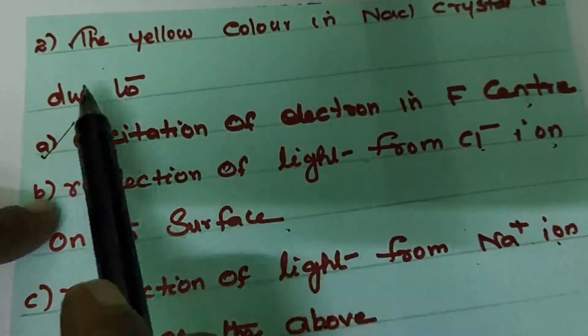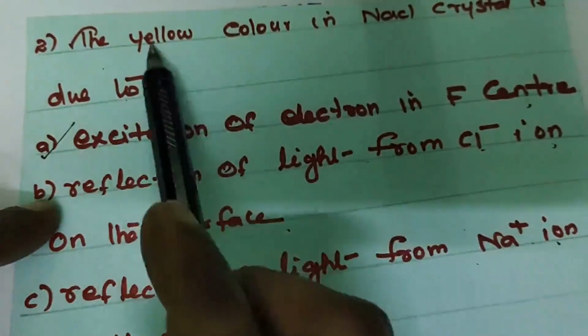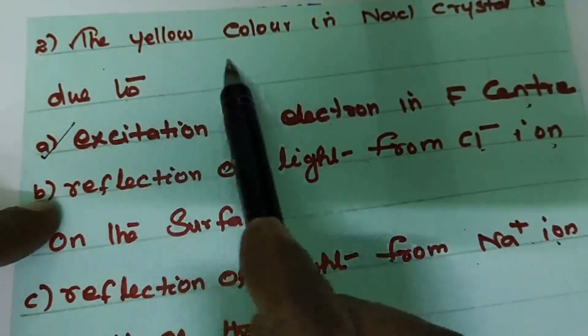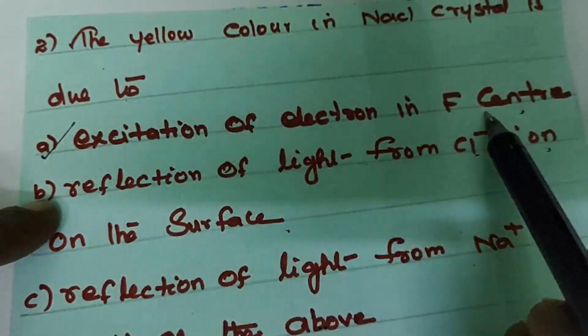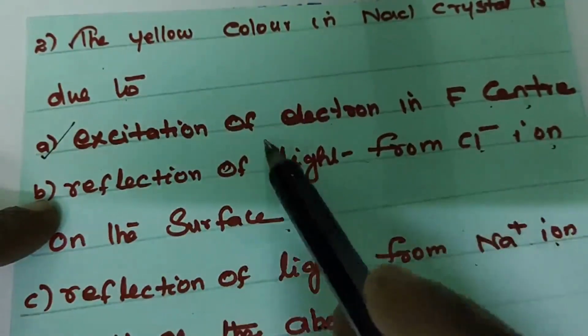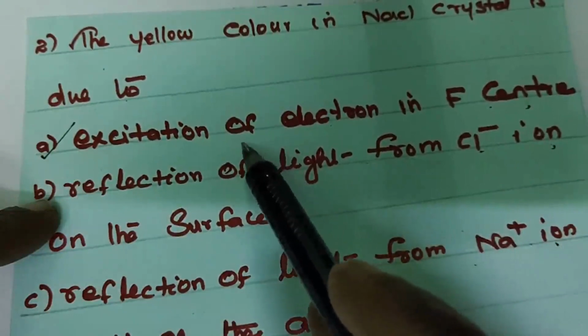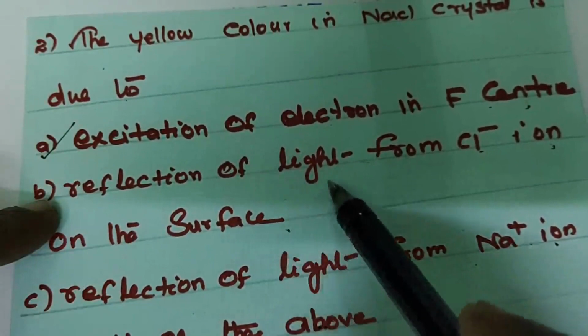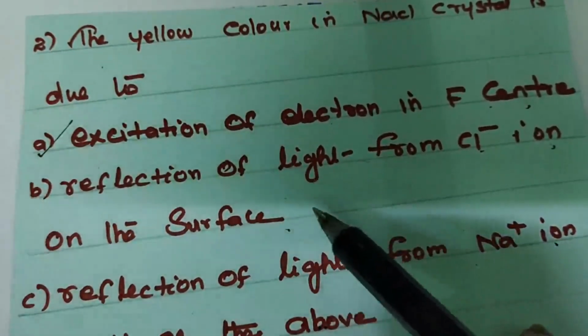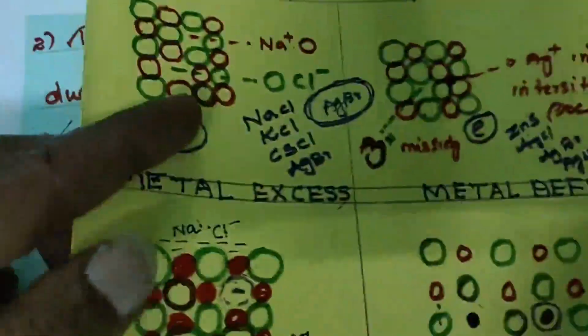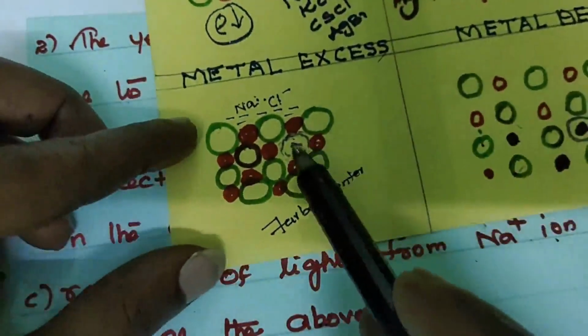So here, sodium chloride becomes yellow in color due to the formation of F center. So what is F center? The electron from the sodium of sodium vapor occupies the anionic vacancy created inside the crystal.